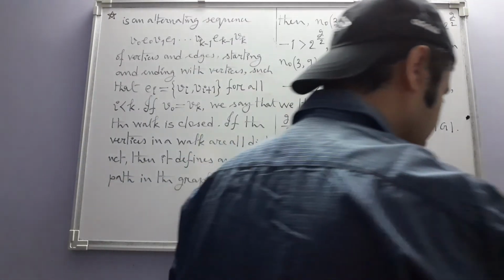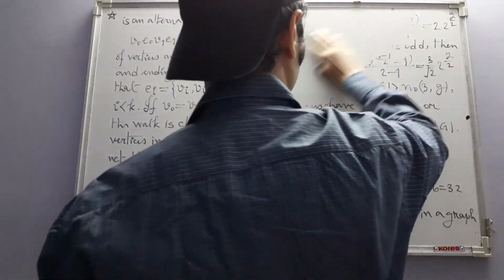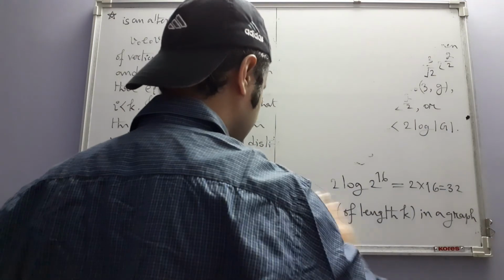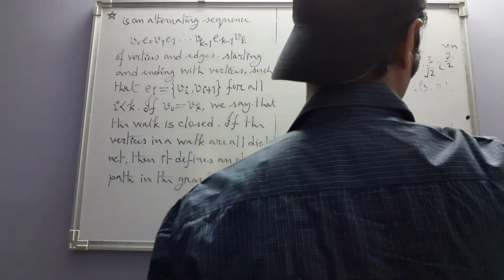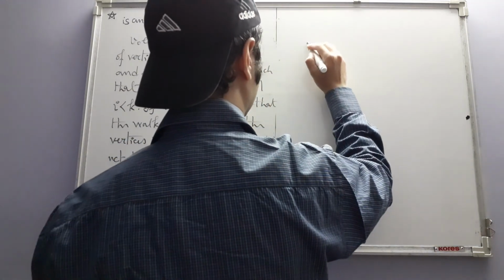Let us see from the definition. Let's take a concrete graph and see a specific walk in that graph. Say we have this graph.